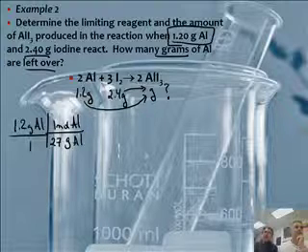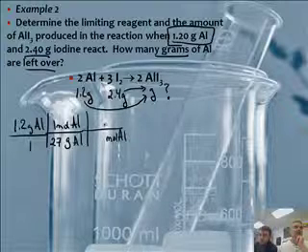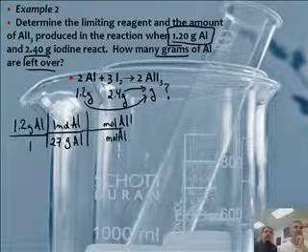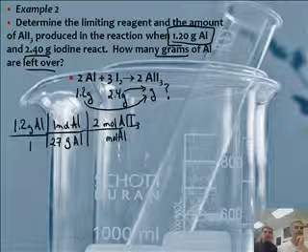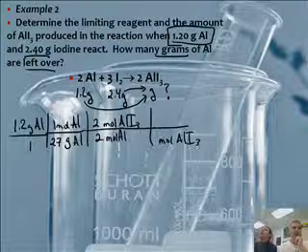It is 26.9 something. 27.0 is close. 27 works for me. Then you need to go from moles of Al to moles of AlI3. That's a 2 to 2 ratio. And then I'm going to go from moles of AlI3, that's a 1, to grams of AlI3.